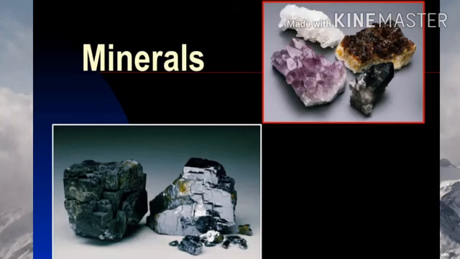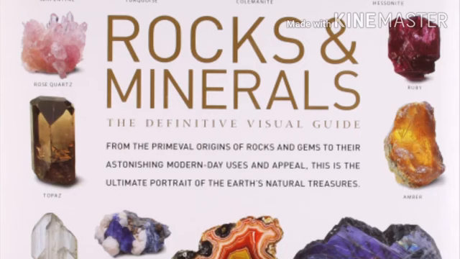Students, as we know, rocks are made up of different minerals. So, what are these minerals? We will see in our this topic, which is minerals. Students, in your upcoming classes, you will know more about the minerals, but here I am giving you a short introduction about the minerals.